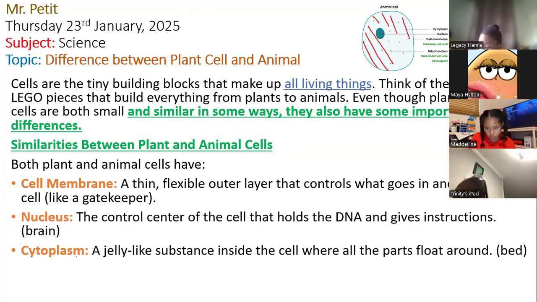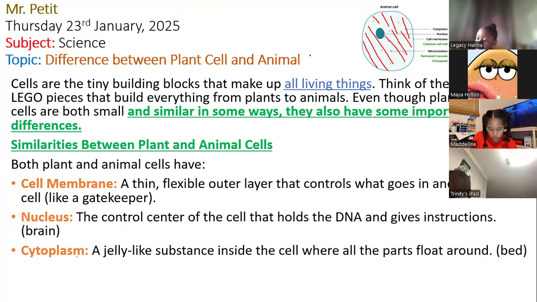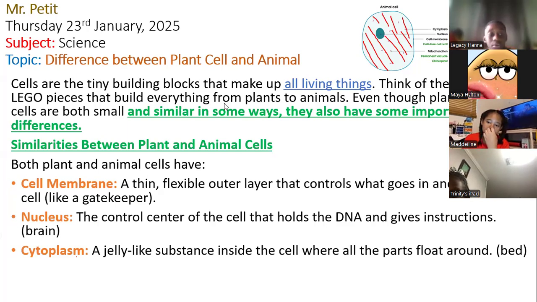It's a jelly-like material that basically takes up the space of the cell. It's basically like the bed. Why is it like the bed? Because all of the substances in the cell are going to be on top of the cytoplasm, right? So all of the items inside the cell rest on the cytoplasm. That's where they reside. Everyone is floating around in it, right? That's what I mean by the cytoplasm.